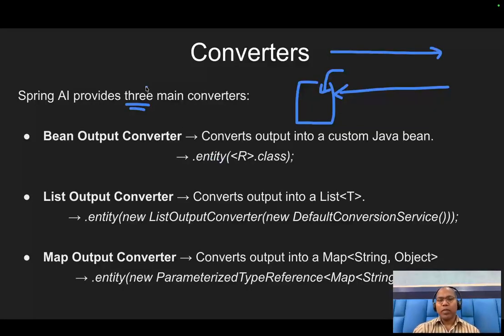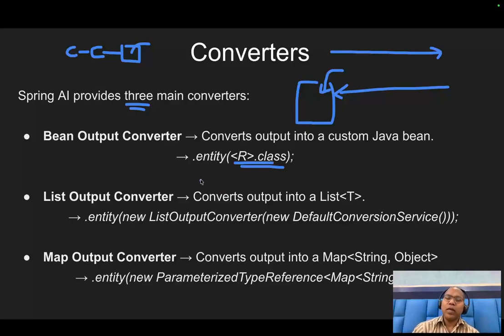What you tell is just what kind of class object you want. So whenever you say, hey, chat client library, call the LLM, and whatever response you get, you can tell, hey, I want the response as a particular return type of a particular class. You can tell, hey, this is my return object I want.